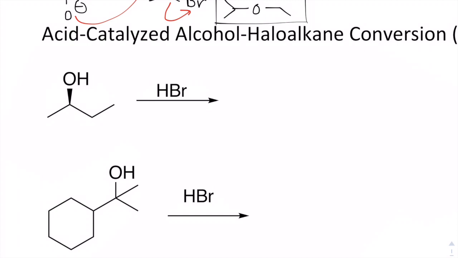Let's rationalize why that is. Remember that nucleophilicity parallels basicity. So we can say that the stronger the nucleophile, the stronger the base. Strong bases like to attack electrophilic centers. But weak bases, meaning weak nucleophiles, don't like to attack and would therefore like to leave.